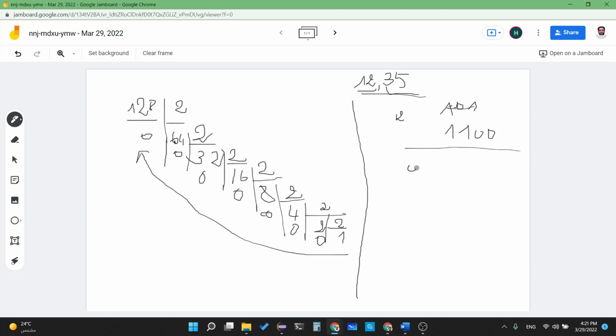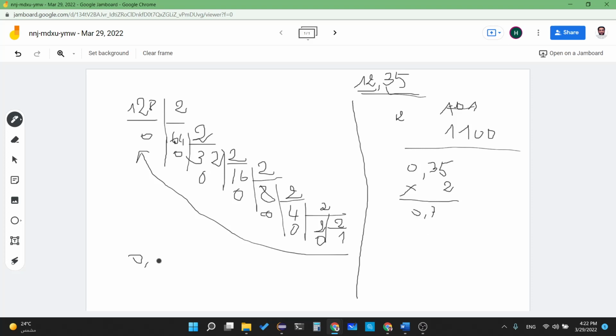But for the 0.35, this is different. So you have to write 0 point, and then you multiply by 2 successively. You get 0.7. You have to report this 0 that you find here, and any integer part that you find here, you have to report it on the result in each step.